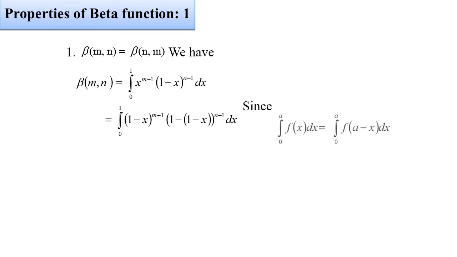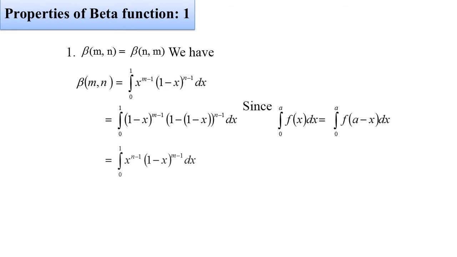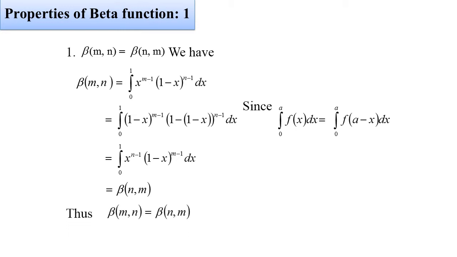Here we have used the property that the integral from 0 to a of f(x) dx is equal to the integral from 0 to a of f(a minus x) dx. That property of the definite integral we have used here. So finally we get the integral from 0 to 1 of x to the power n minus 1, times 1 minus x to the power m minus 1, dx. Thus we get beta(n,m). Hence beta(m,n) is equal to beta(n,m). Thus we prove the first property of the beta function.